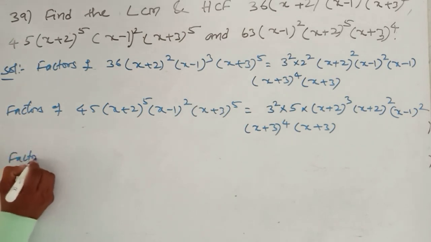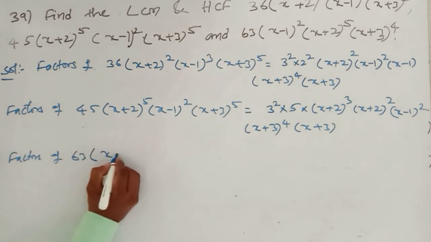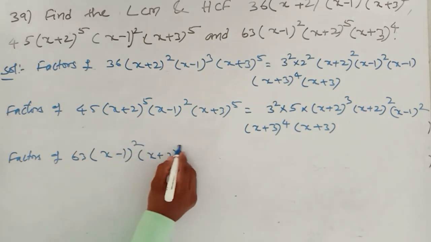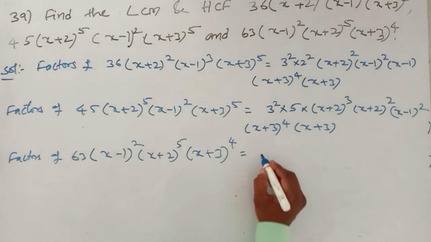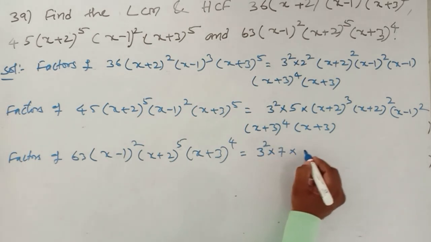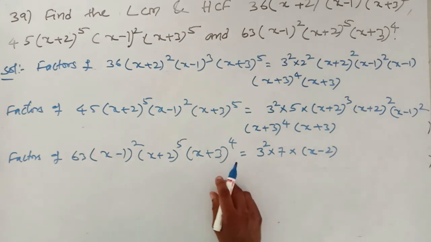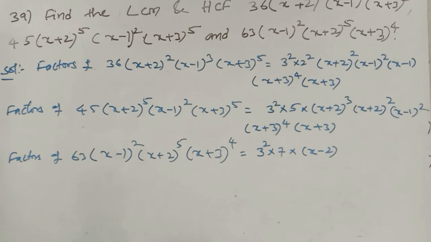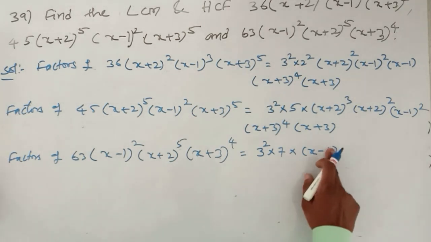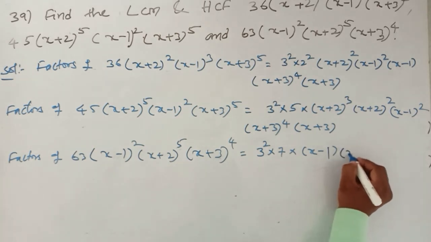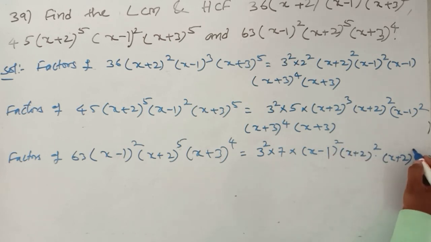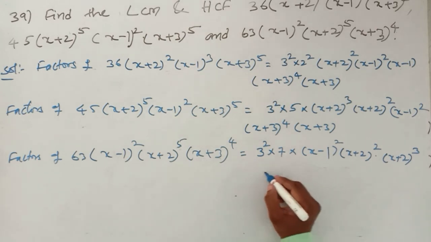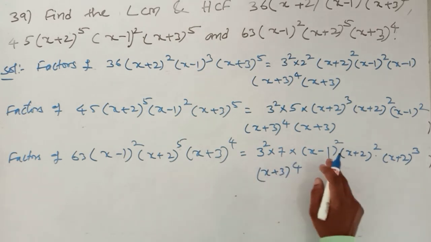And the last polynomial is factors of 63 into (x-1)^2 into (x+2)^5 into (x+3)^4, is equal to 63 factors, 9 into 7, that is 3 square into 7 into (x-1)^2 into (x+2)^2 into (x+2)^3, and next is (x+3)^4. So (x-1)^2 as it is.